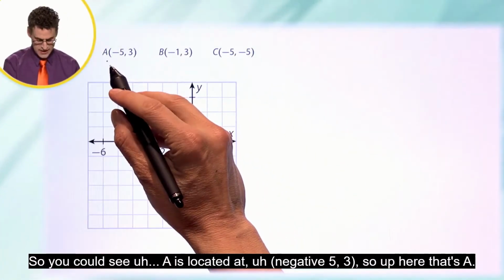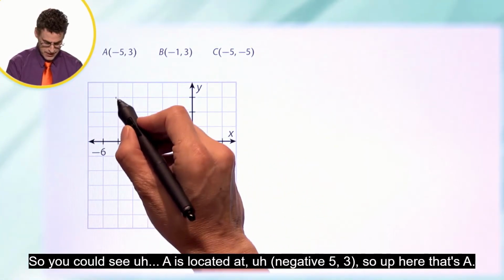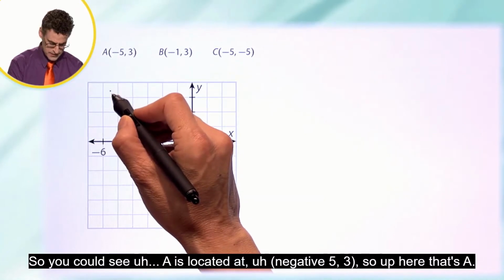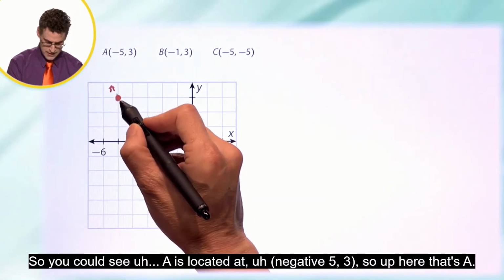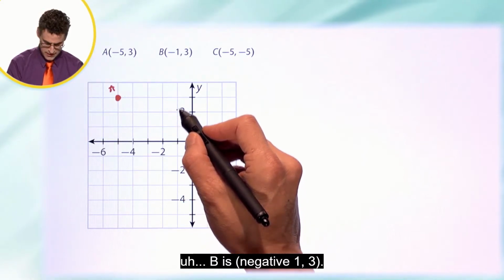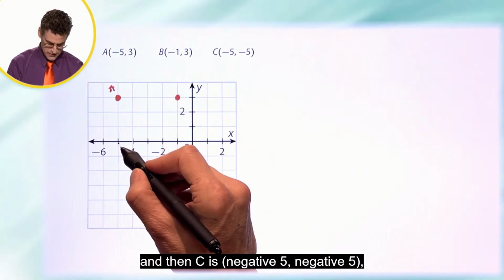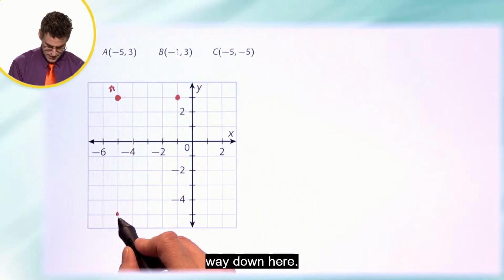So you can see A is located at negative 5, 3, so up here. That's A. B is negative 1, 3, so that's up here. And then C is negative 5, way down here.